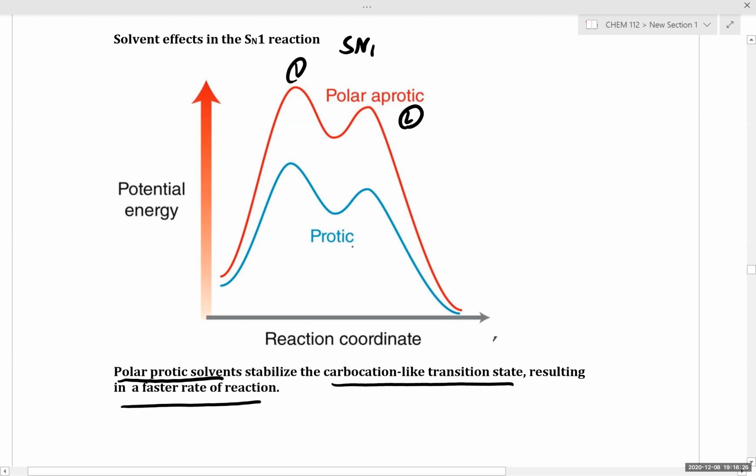The protic reaction rate is substantially faster because we have a lower activation energy, because we've stabilized our carbocation intermediate and our transition state is lower in energy. Does that idea make sense? You should be able to draw out these energy diagrams. Is everyone comfortable with that idea?